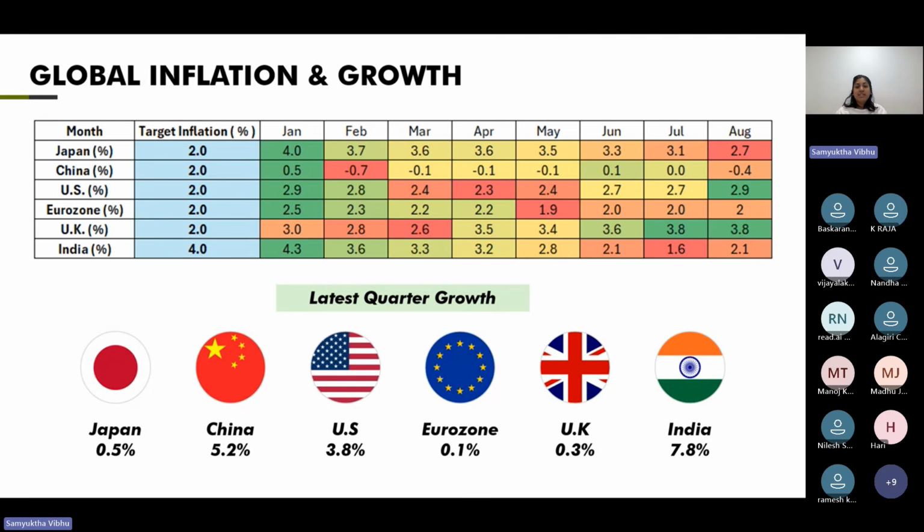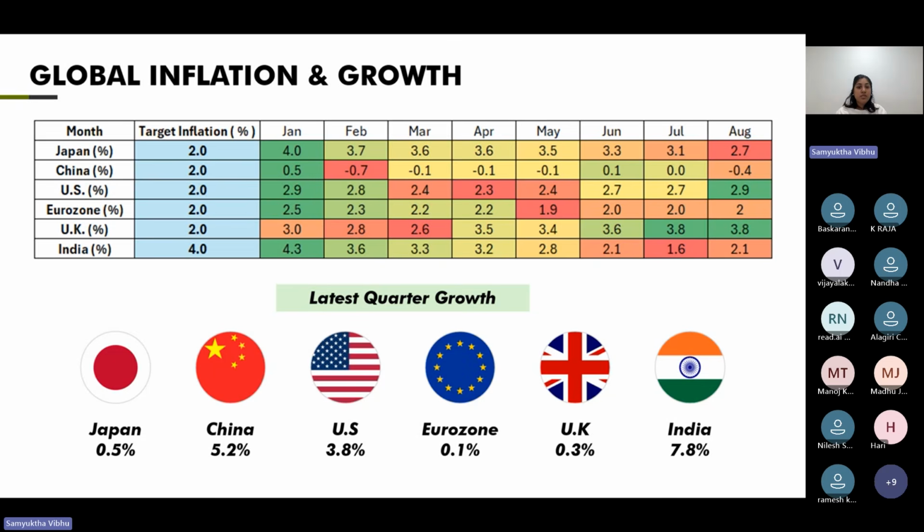Eurozone economic activity has actually been quite weak. If we look at Europe as a whole, including the United Kingdom, your growth is really not there. And relative to growth, your inflation numbers are actually quite high. So this is not a good combination for any economy. Whereas India, from a macro standpoint, is doing much better because our Q1 growth numbers have come in at 7.8%.